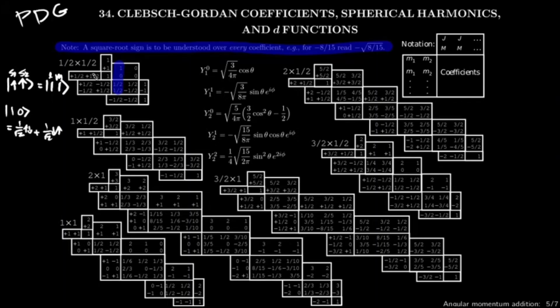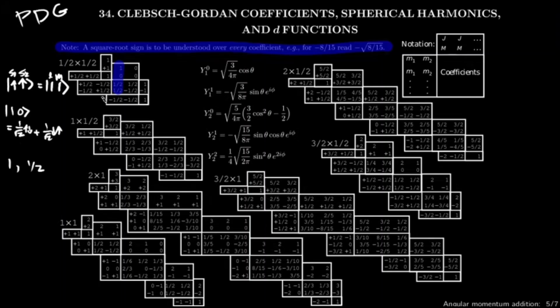You can do more complicated examples. For instance, suppose I'm interested in expressing in a combination of spin 1 and spin 1 half, a combined spin 1 half quantum mechanical system.